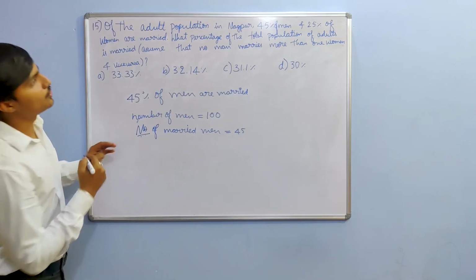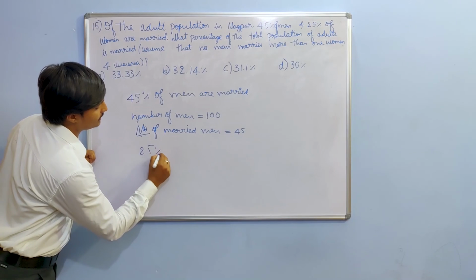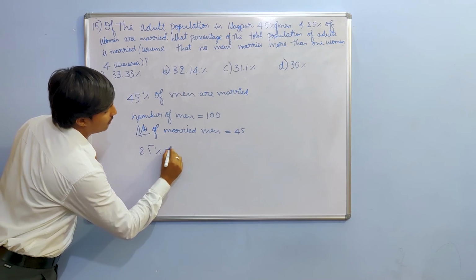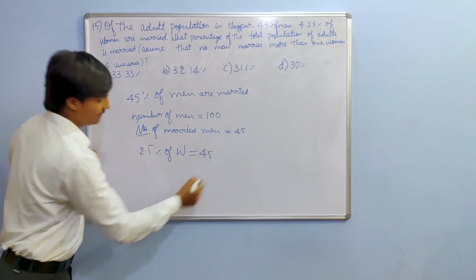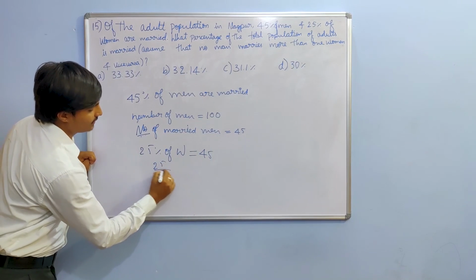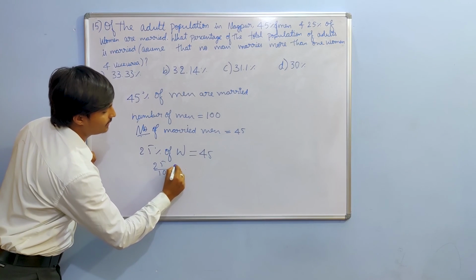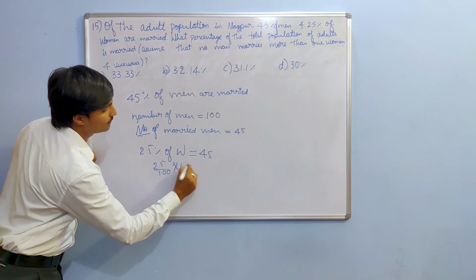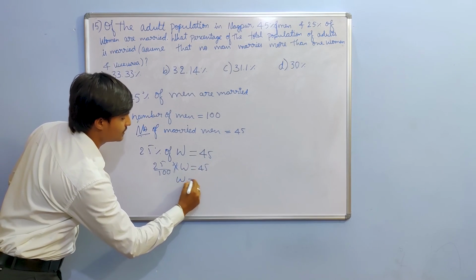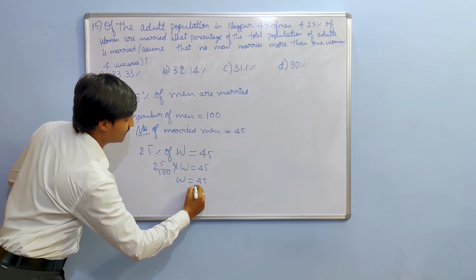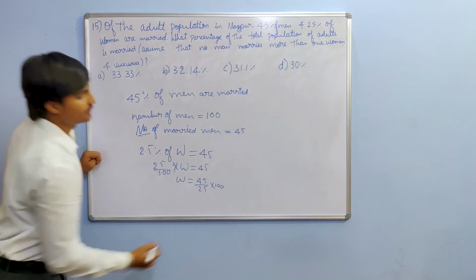So, and we know that 25% of the women are married. So 25% of women is equal to 45. That is 25 by 100 into W, which is equal to 45. And W is equal to 45 by 25 into 100.